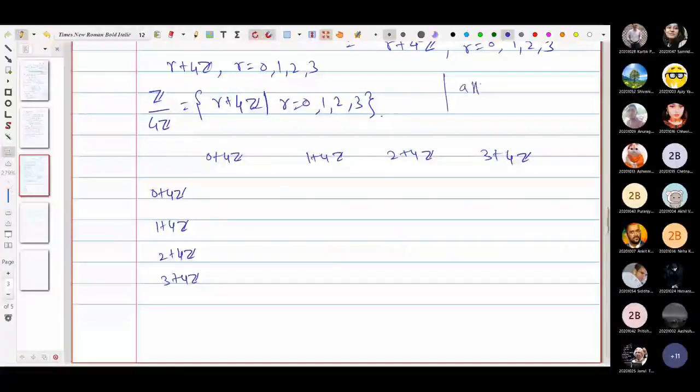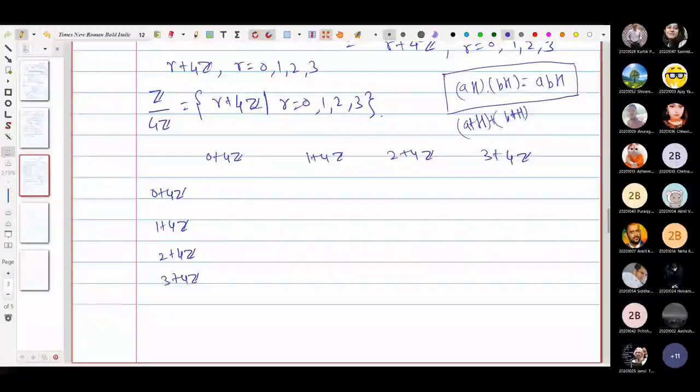You remember that the operation is aH and bH equals abH. This was the case when the operation was multiplication, that is a product. But in the case of addition, these cosets must be of the form a plus H, and the operation is a plus H plus b plus H, and this should equal a plus b plus H. We should remember this as a translation of the expression.